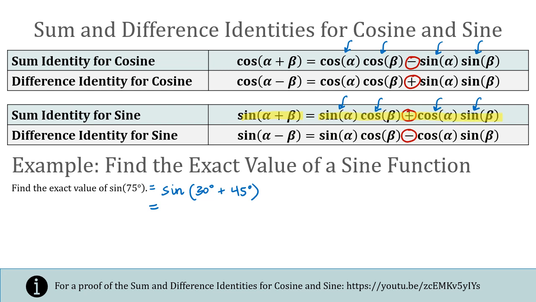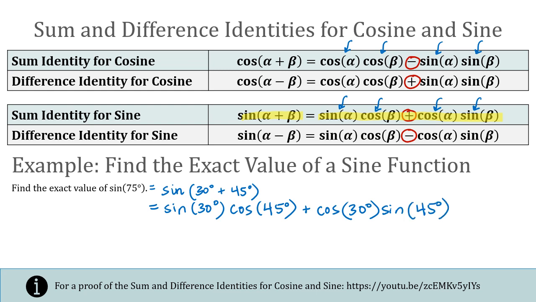And so let's see what I've got here. I'm going to say that this is equal to the sine of the first angle times the cosine of the second angle plus the cosine of the first angle times the sine of the second angle.